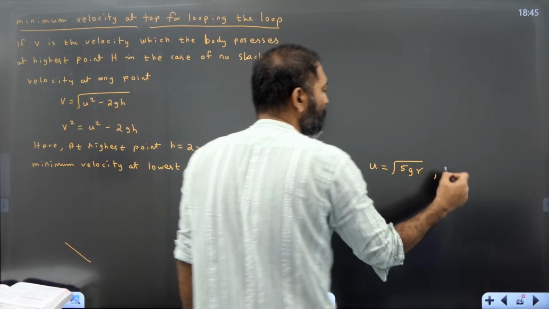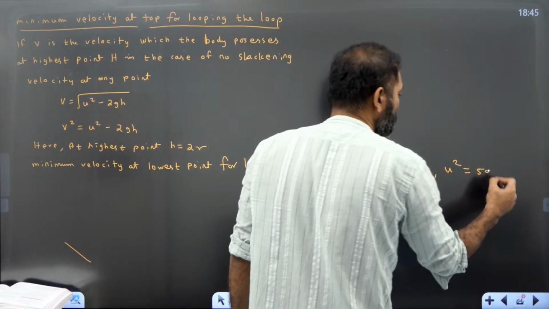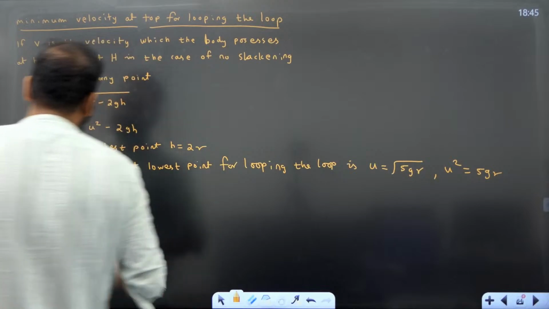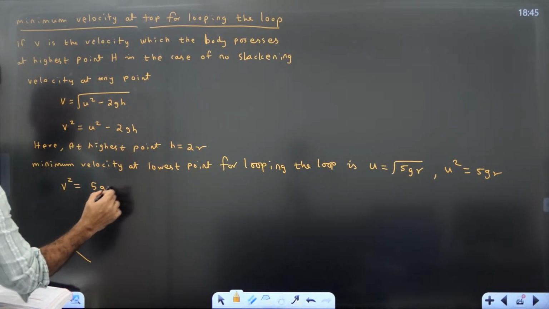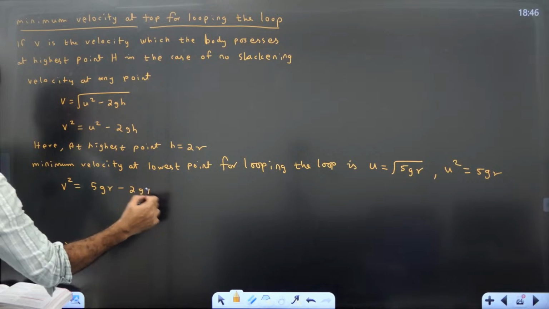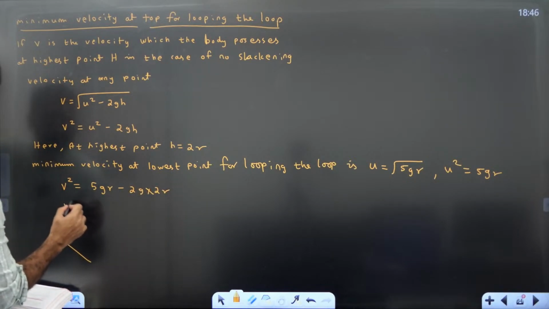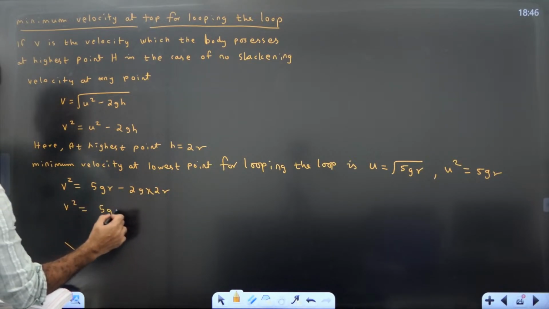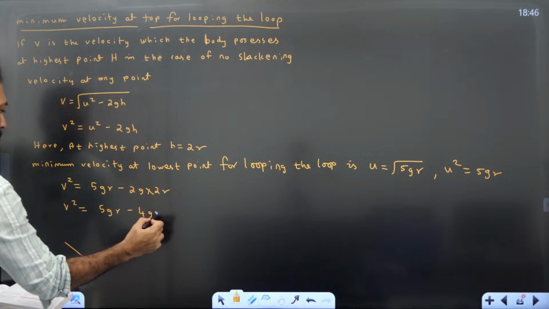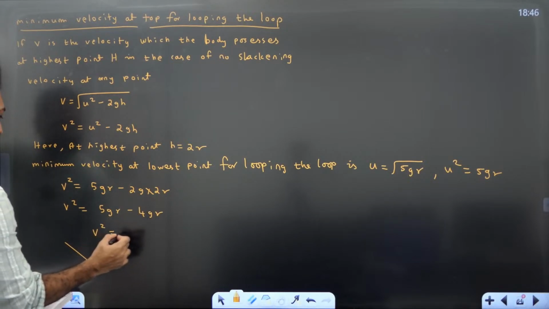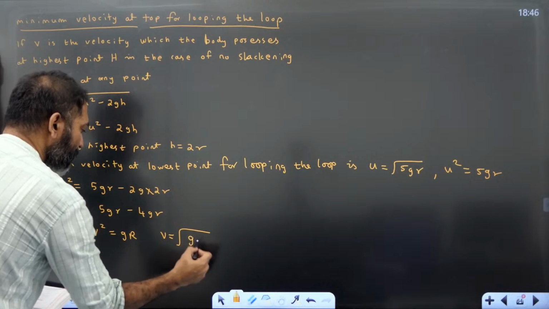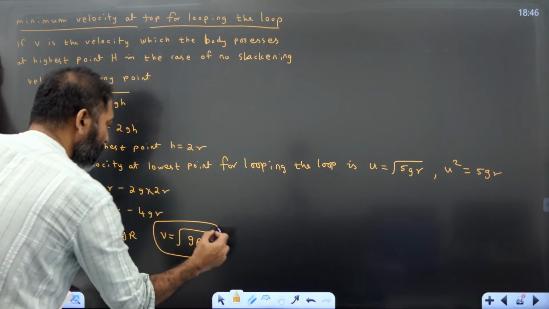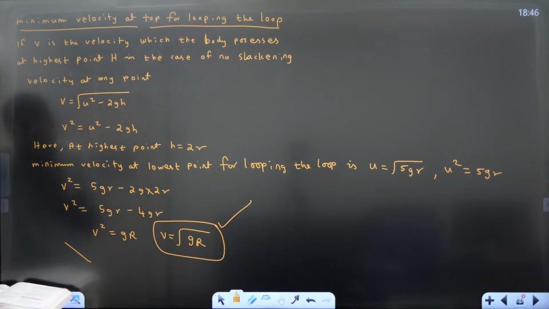So u square equals 5gr. Putting that into this equation, v square equals 5gr minus 2g into 2r. That is v square equals 5gr minus 4gr, so v square equals gr. So v is equal to root gr. This is the minimum velocity at the highest point.